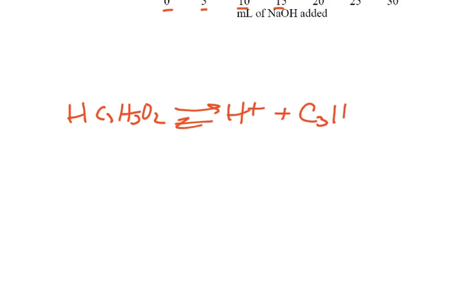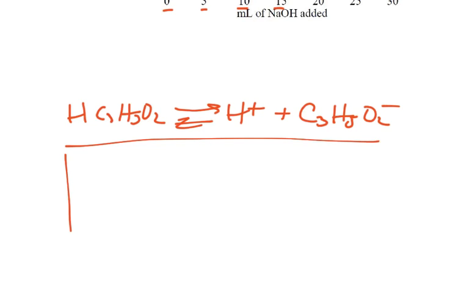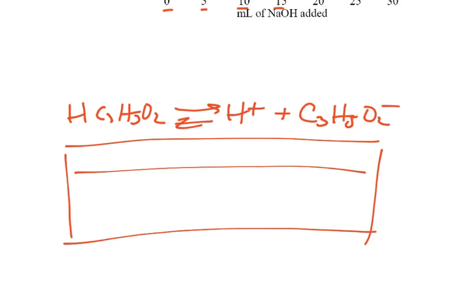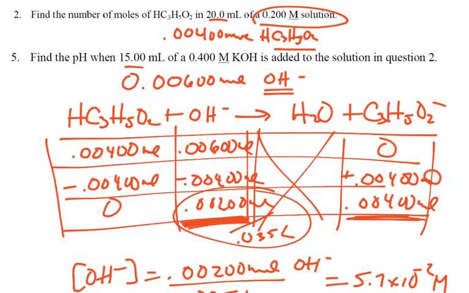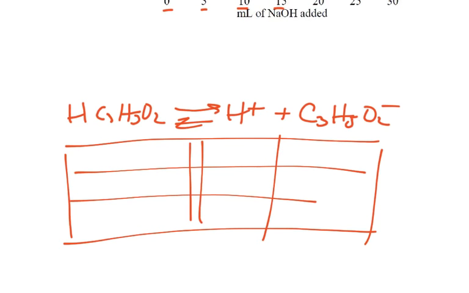So let's go down here, and if I had propanoic acid, and that just broke up to be H plus and propanoate, and if I knew that this was 0.2 molar, let me double check that. Yeah, 0.2 molar.